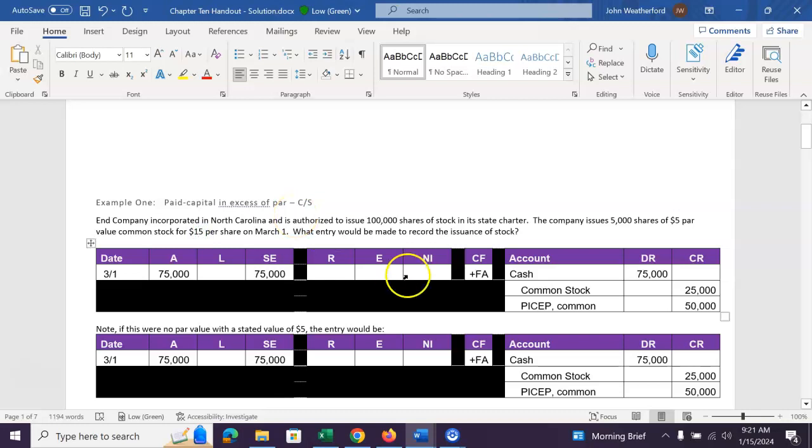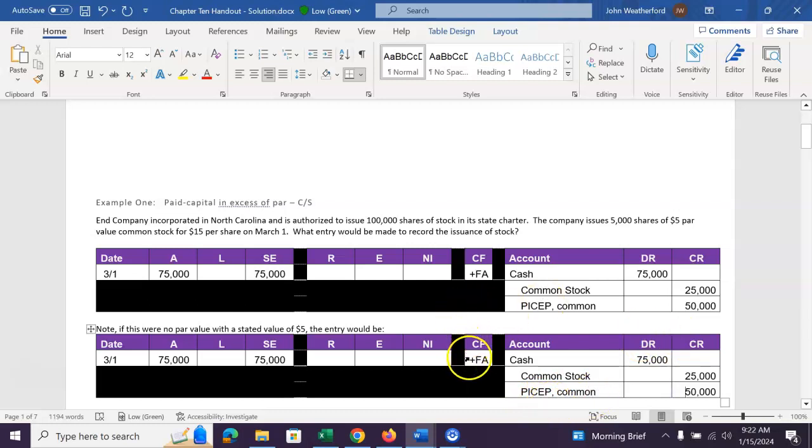Just multiply those together. And then the common stock goes on the books at 5,000 shares times the $5 stated value. And then the remaining credit, the other $50,000, is credited to paid in capital in excess of par common stock.